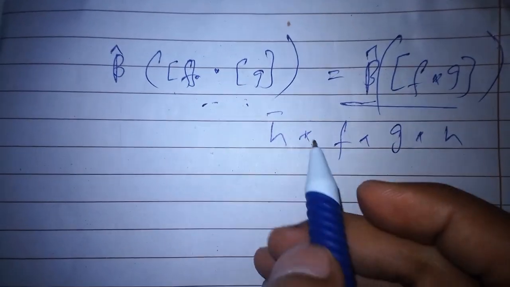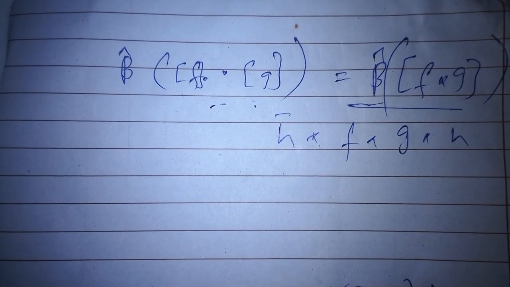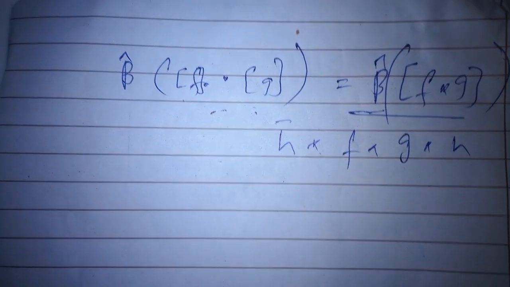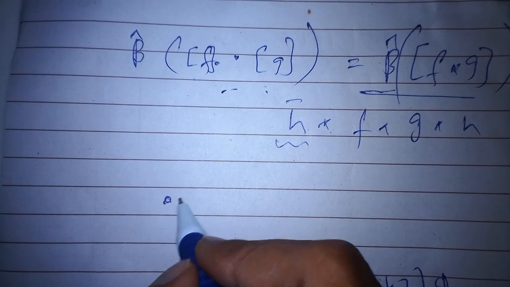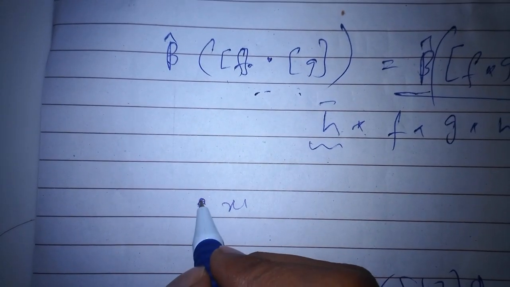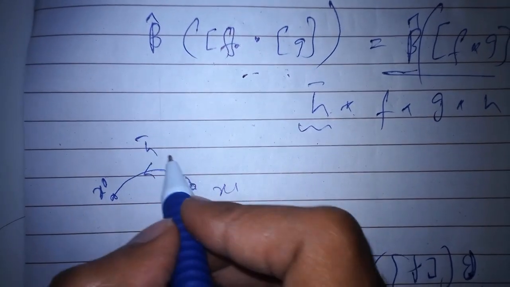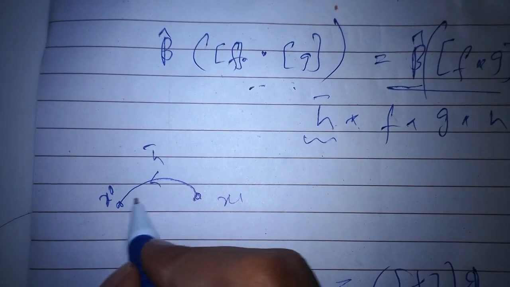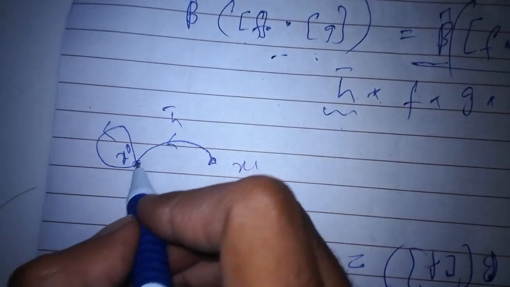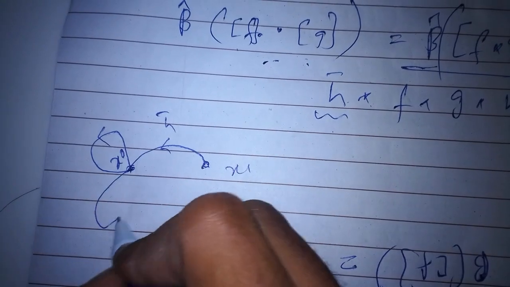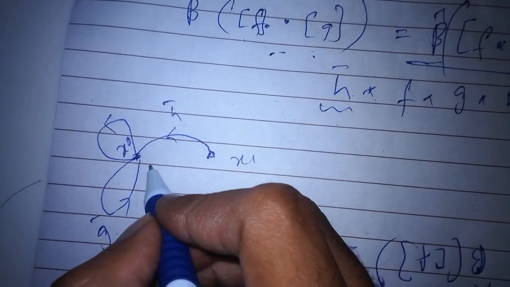So here we can see first h bar starting from x1 to x0, this is h bar, then f is a loop around x0, then g is also a loop around base point x0, then h.